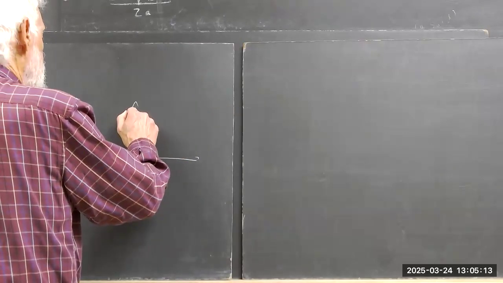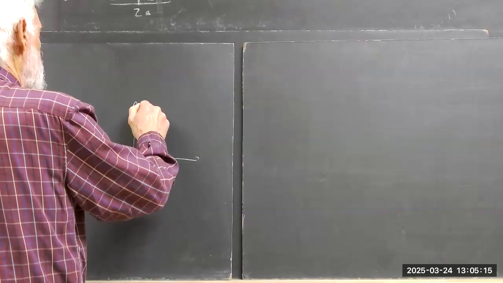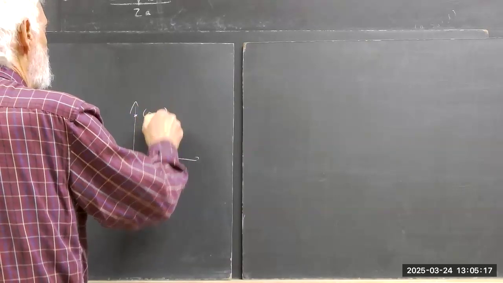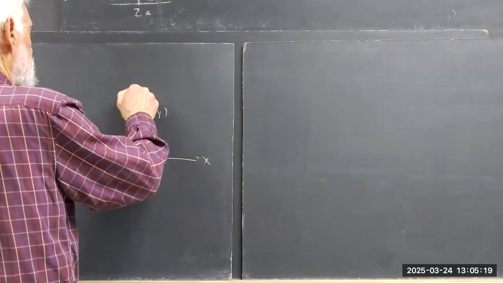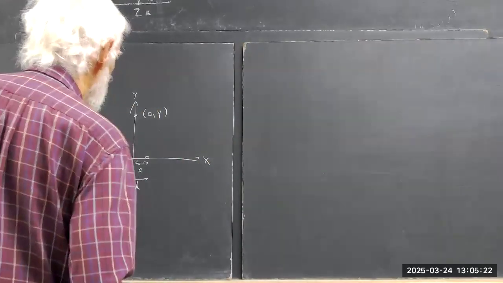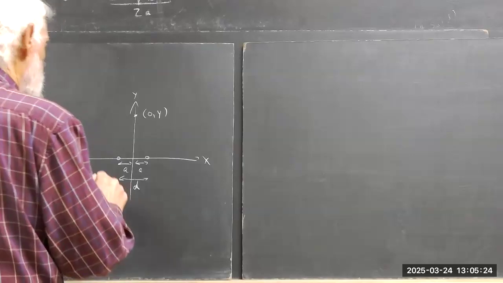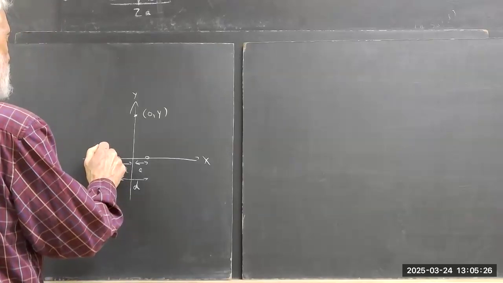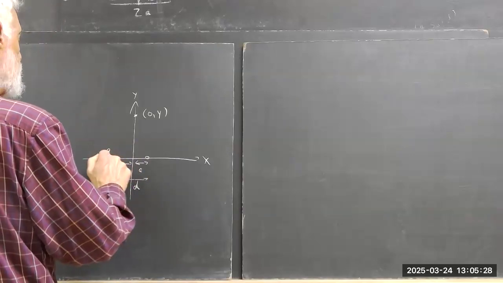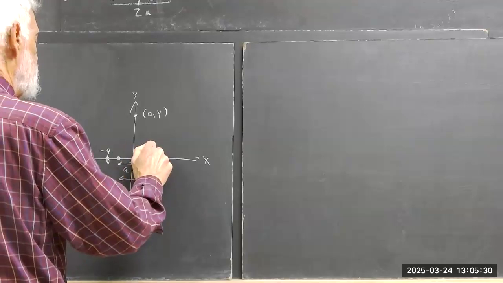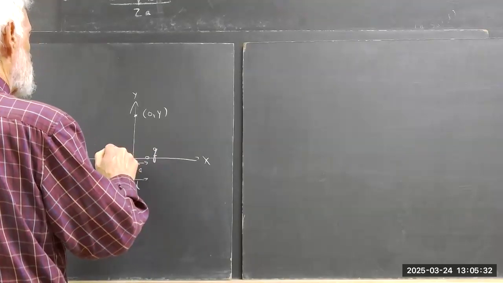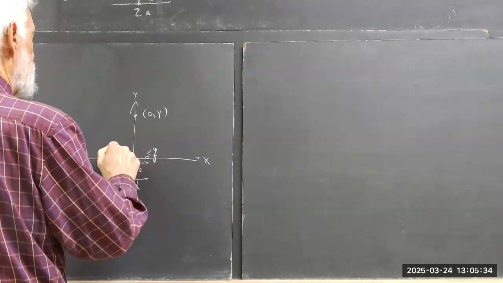Okay, so if I'm at a point here, at 0, y, this charge is going to be negative Q, and this charge is going to be Q.